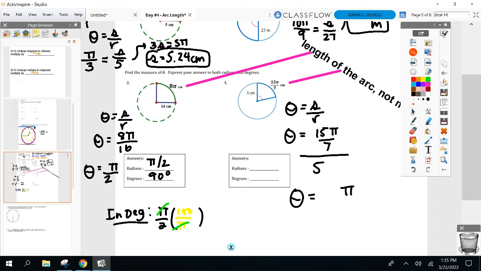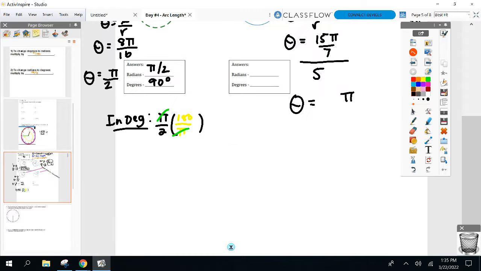Anybody remember keep the top, change the division to multiplication and do what with the bottom number? Flip? What did they have a fancy name for it back in the day? Skip, flip, keep, change, flip.